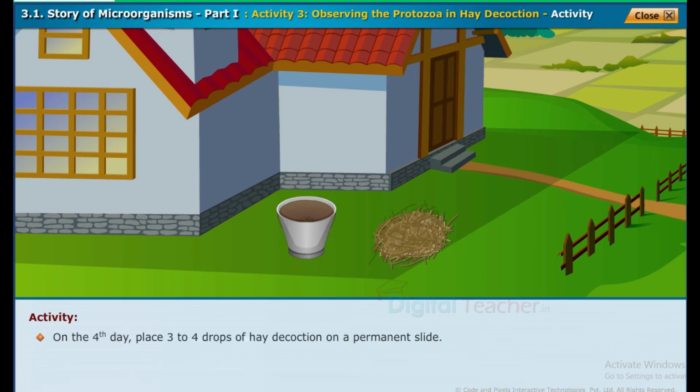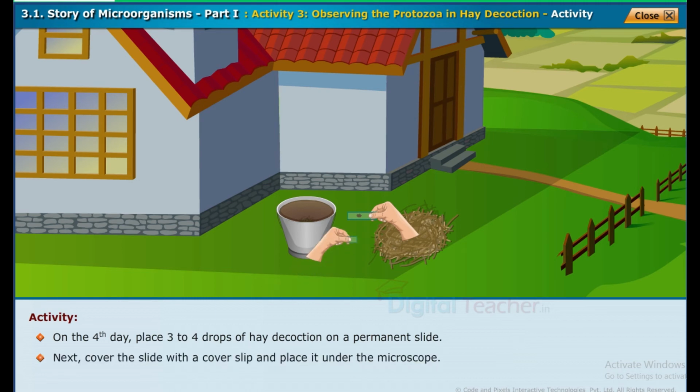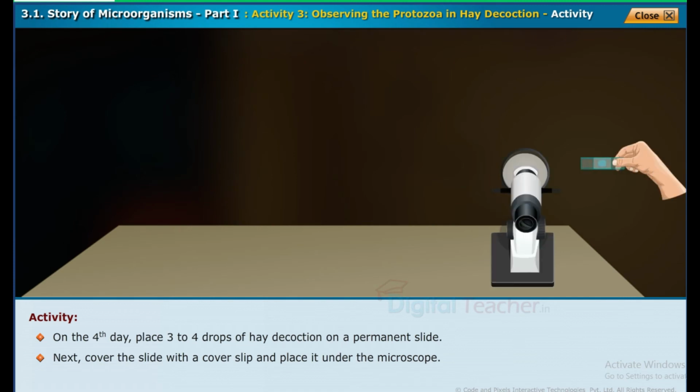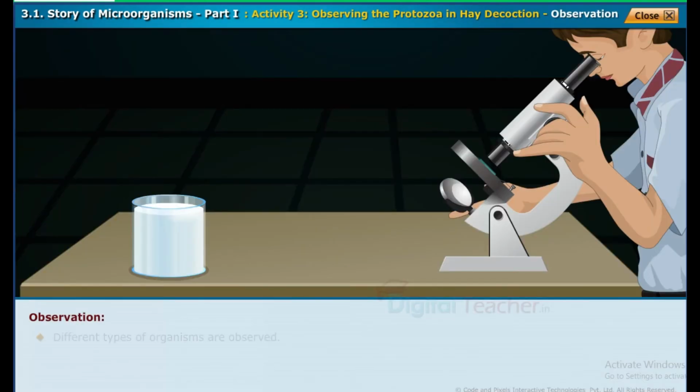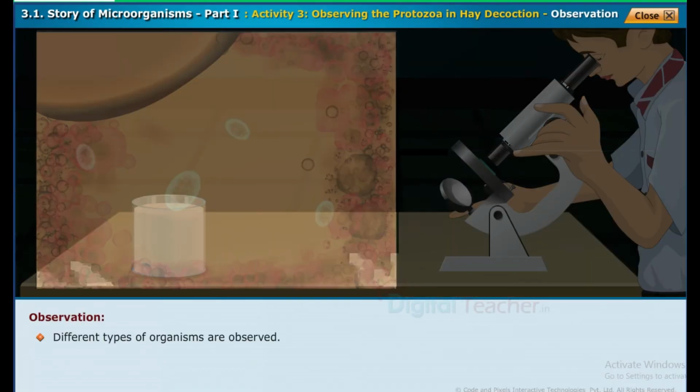On the 4th day, place 3 to 4 drops of hay decoction on a permanent slide. Next, cover the slide with a cover slip and place it under the microscope. Different types of organisms are observed.